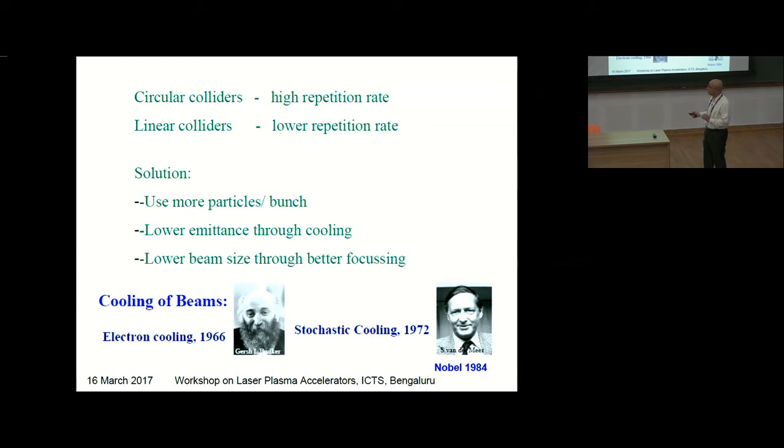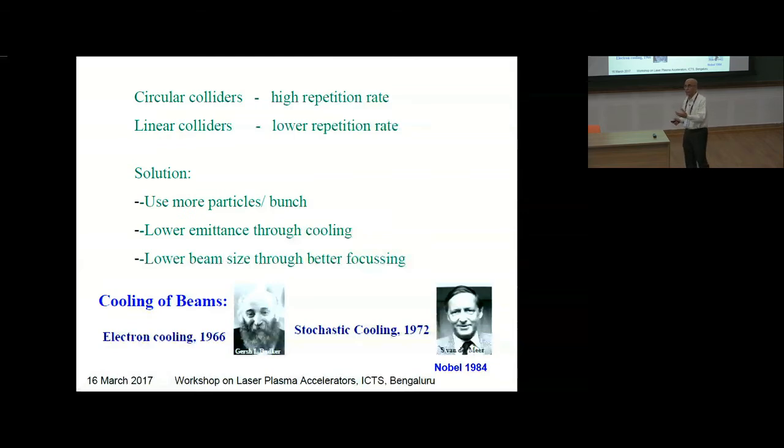Stochastic cooling was used at CERN for cooling the antiprotons, and that was used for the discovery of the W and Z bosons. And that's why he got the Nobel Prize, along with Carlo Rubbia.